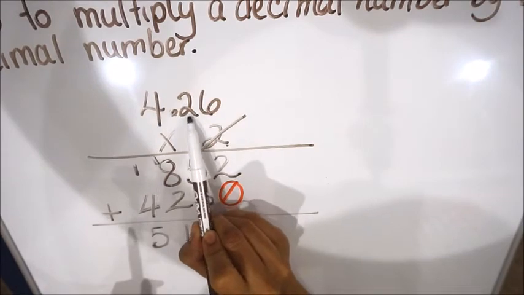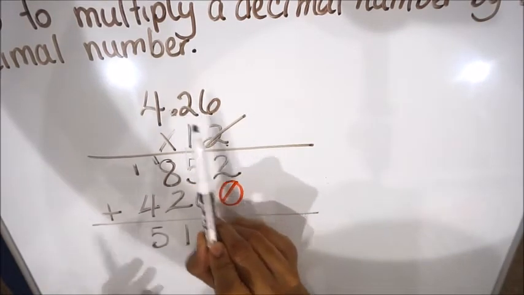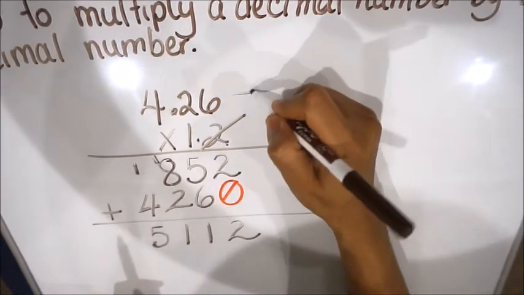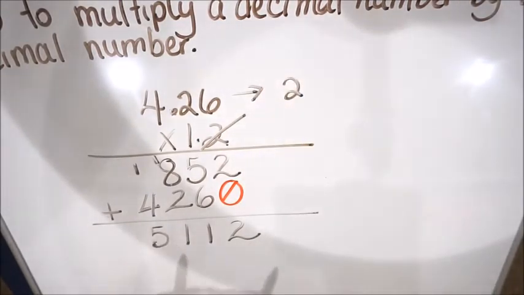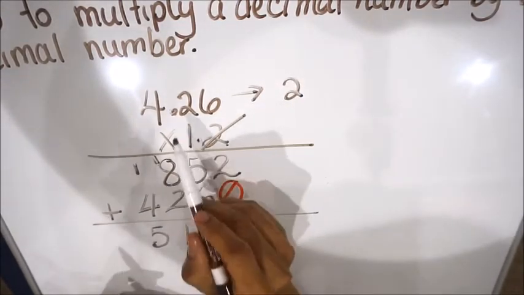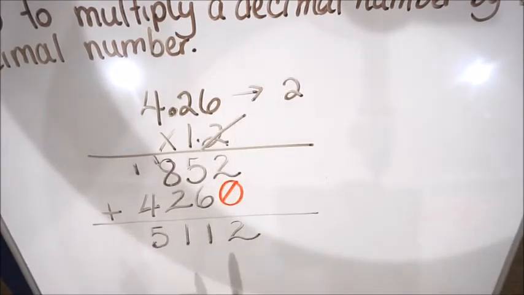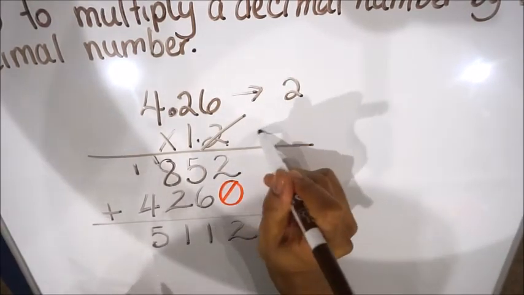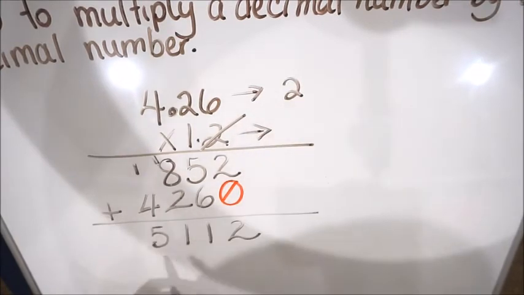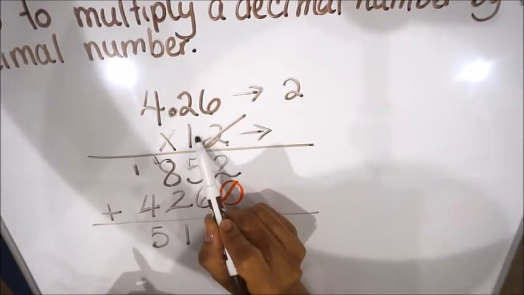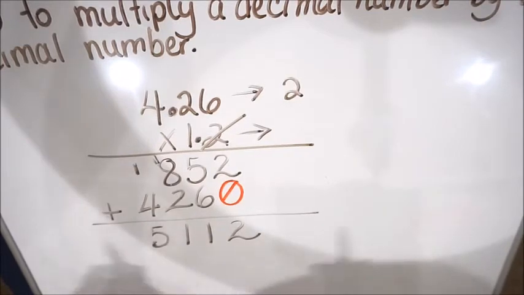I have my number 2 and 6. So I'm going to just write 2. For my second decimal number, I have 1 number behind my decimal point, or 1 digit.